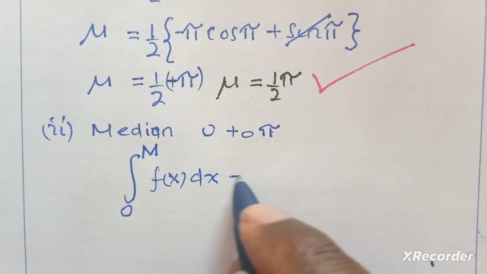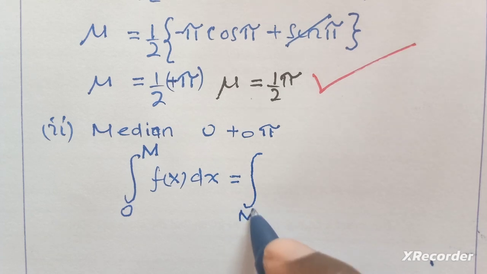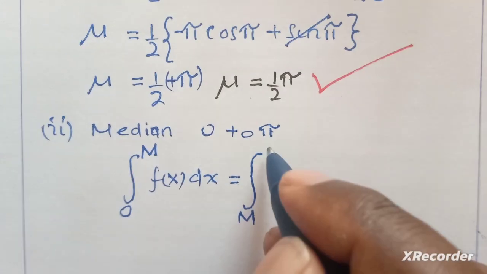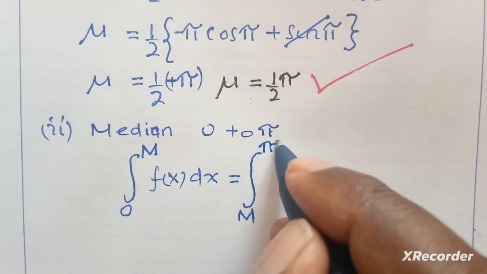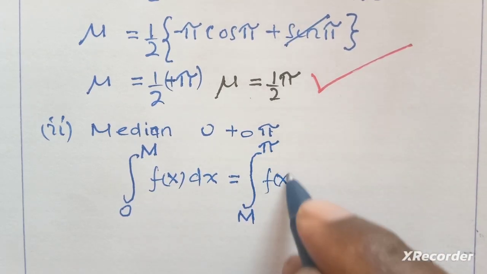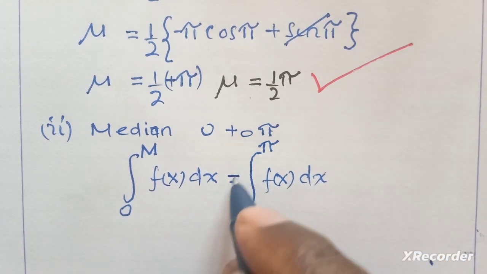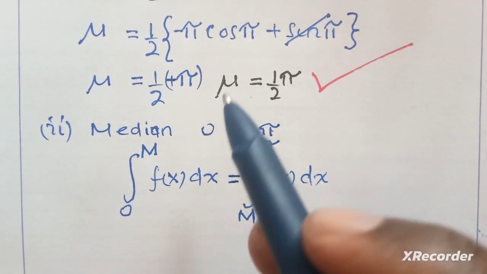This is supposed to be equal to the integral from m to pi of f(x) dx. So each of these is going to be a half.